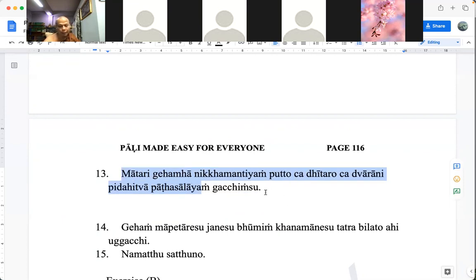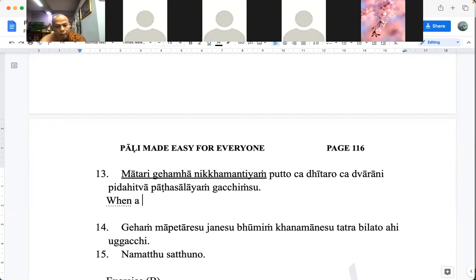So Bata Salayan got changed. Here also, Madari means Matar in the locative case. And then Nekaman, present participle, feminine gender, Nekamandi, and the Yan Nekamandi, also locative case. So Madari Gihama Nekamandi Yan, that is a locative absolute construction.